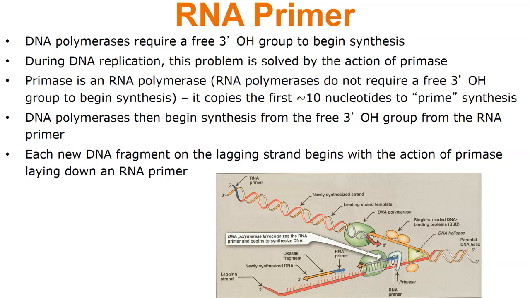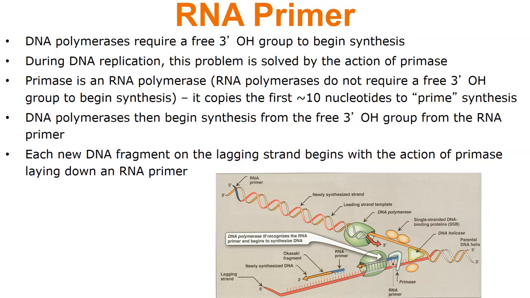DNA polymerases can only add on to something that's already there. That's a property of DNA polymerases. So that creates a problem when we open up a replication bubble, right? We have DNA polymerases that are going to synthesize DNA, but when you open up the bubble, there's nothing there to start from. So the first thing you have to do is lay down a primer, which is done by primase. Primase is actually an RNA polymerase.